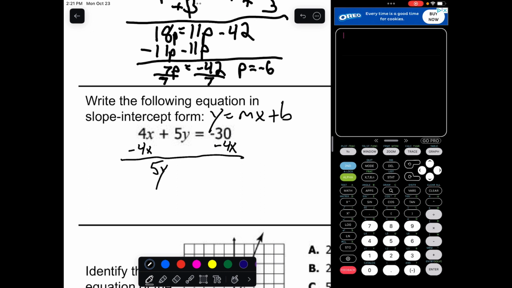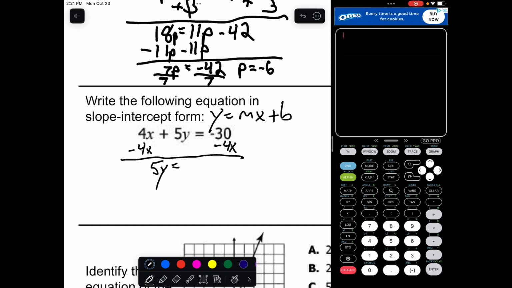That still remains. I have my equal sign. Now I cannot subtract 4 from negative 30 because that negative 30 does not have an x on it. So I can't say negative 30 minus 4 and get negative 34x. That's incorrect. If I can't subtract them from one another, I can just rewrite them just as they are.